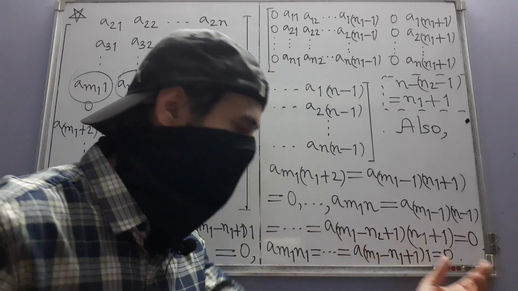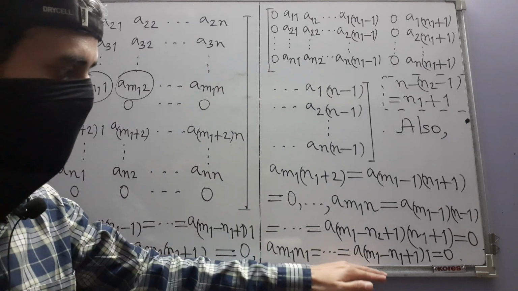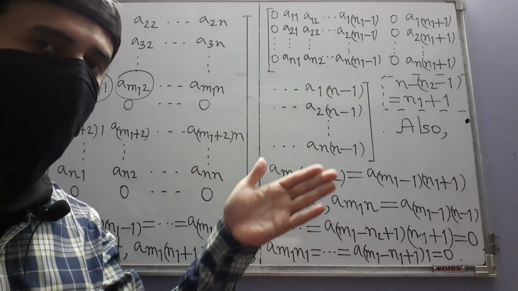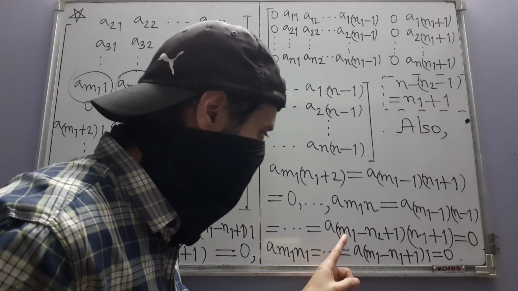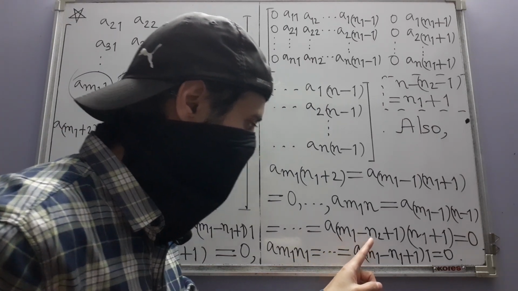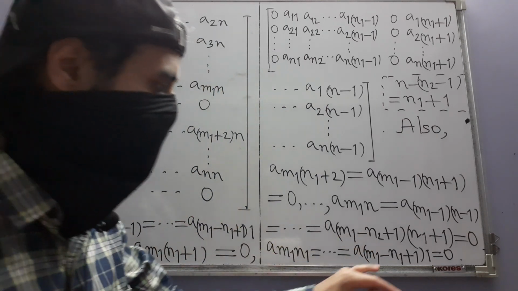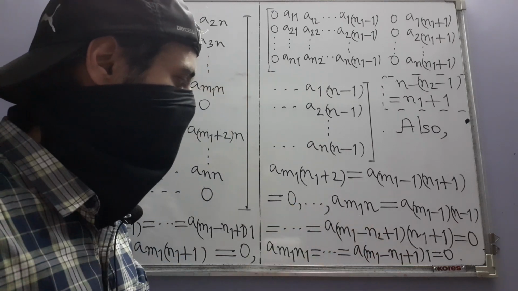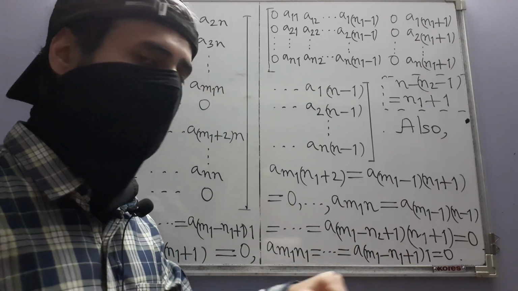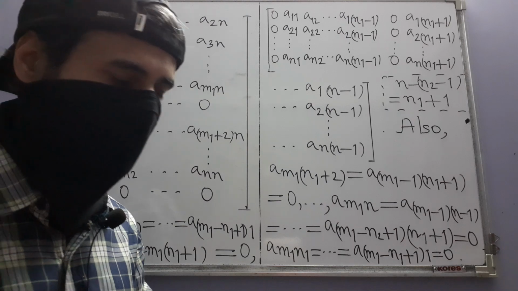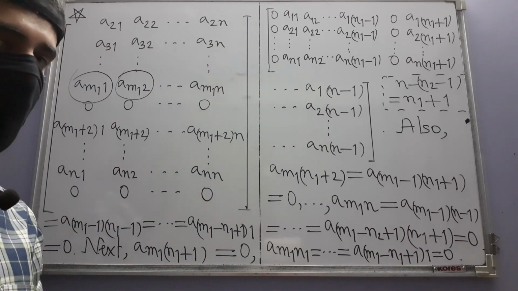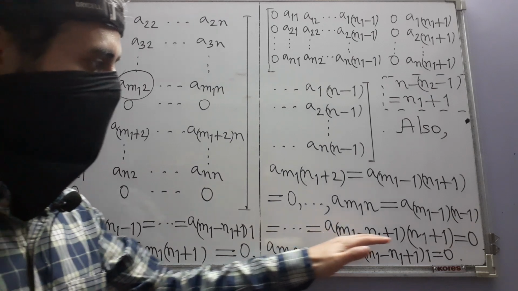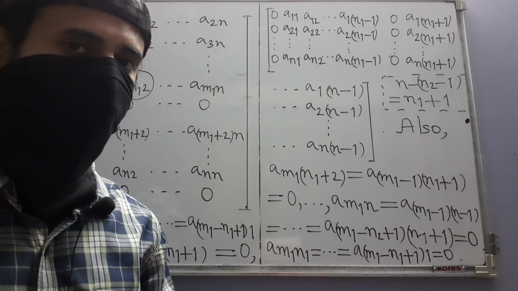And that is why this is equal to 0. So this is where that supposition that m1 is greater than n1 has been used. And the similar supposition we also have here automatically, because n1 is greater than or equal to n2. So since m1 is greater than n1 according to our supposition, it's also strictly greater than n2. So that's why here also we have 0.